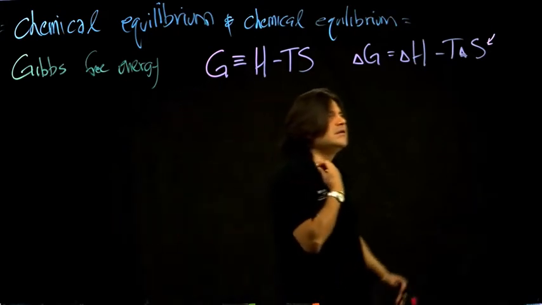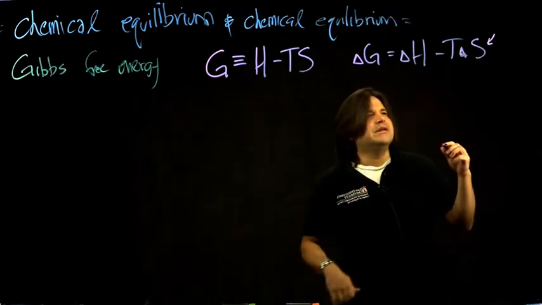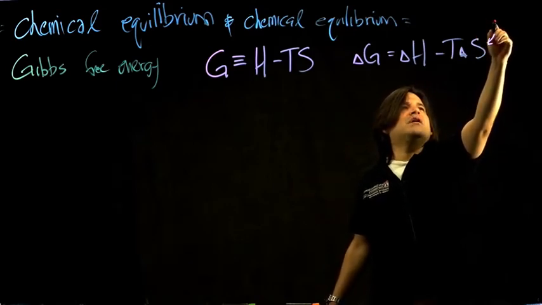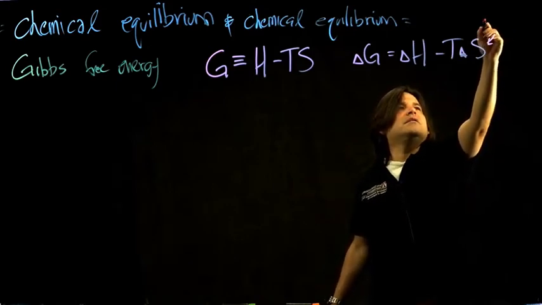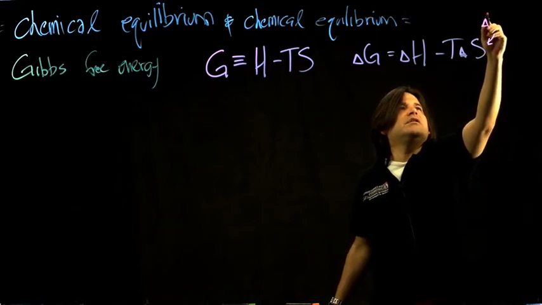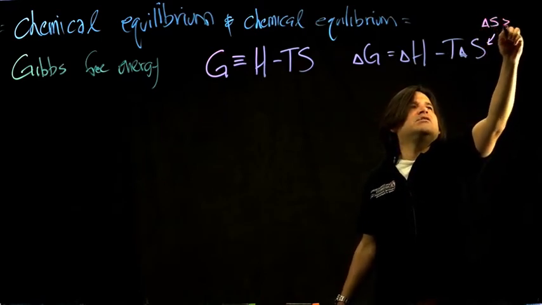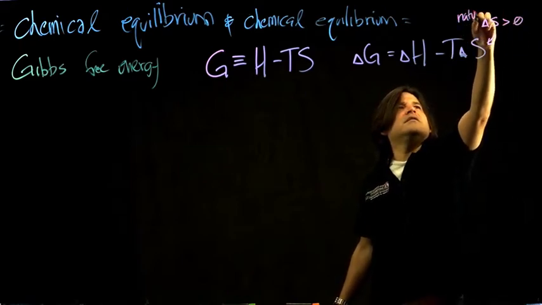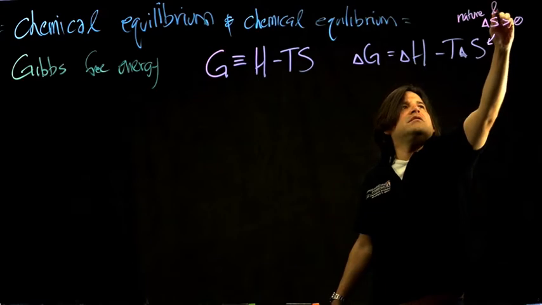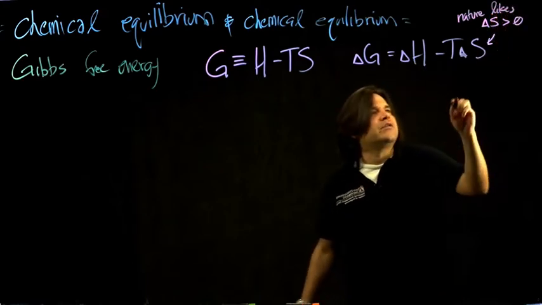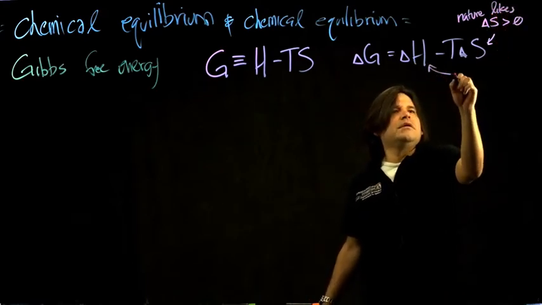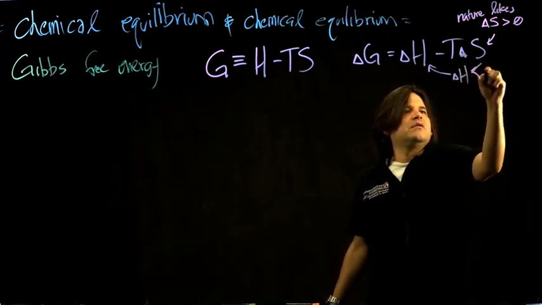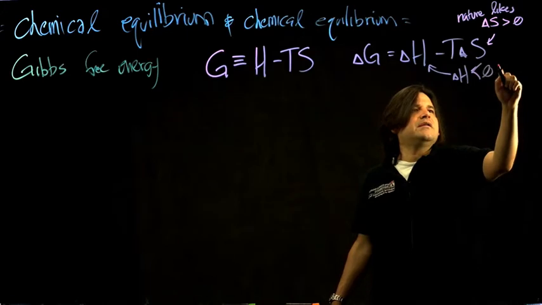And the way for entropy is that what nature likes is that if you have a process, nature would like that delta S is greater than 0. So you have more entropy in the end. Nature likes this, delta S greater than 0. And for enthalpy change, it likes for there to be less enthalpy at the end.